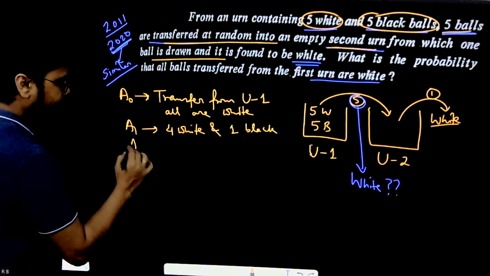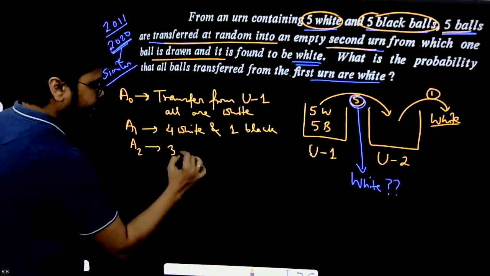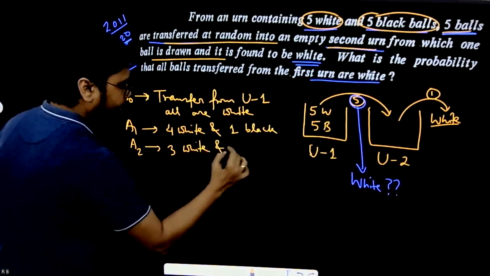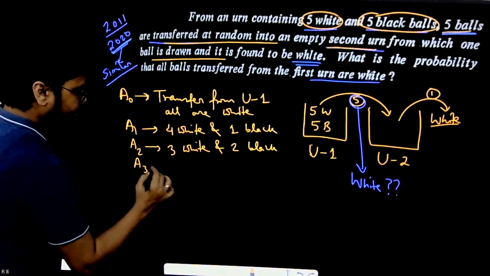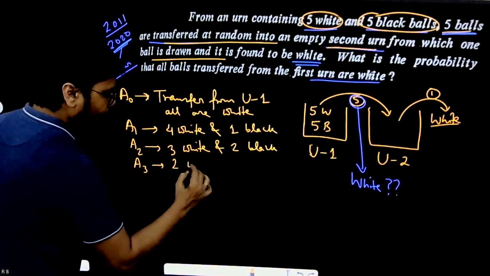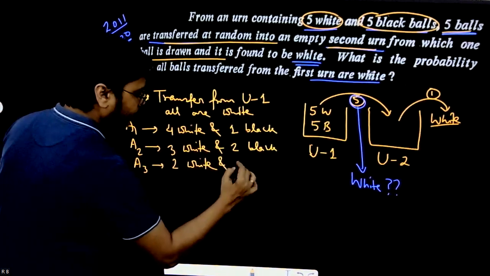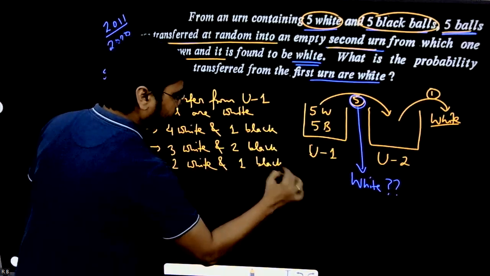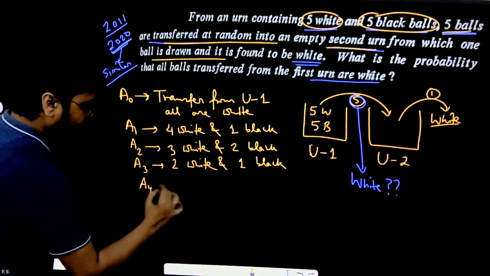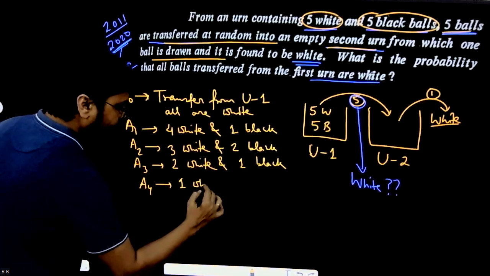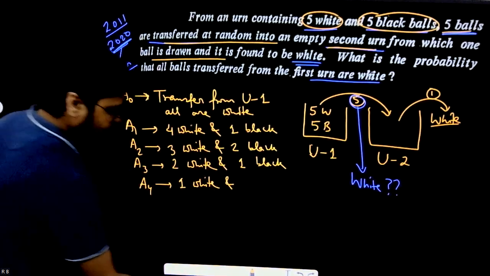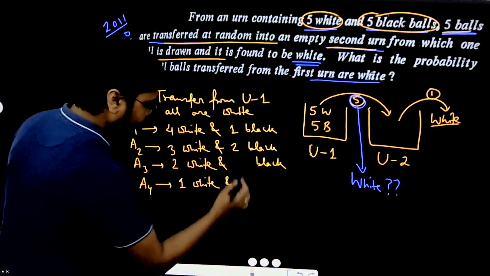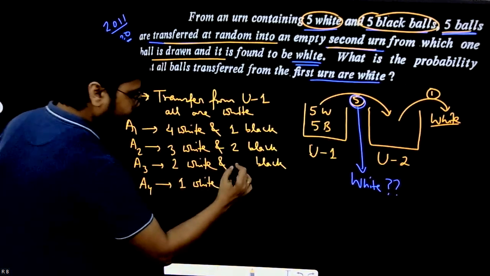Similarly, A2: 3 are white and 2 black. A3: 2 white and 3 black.